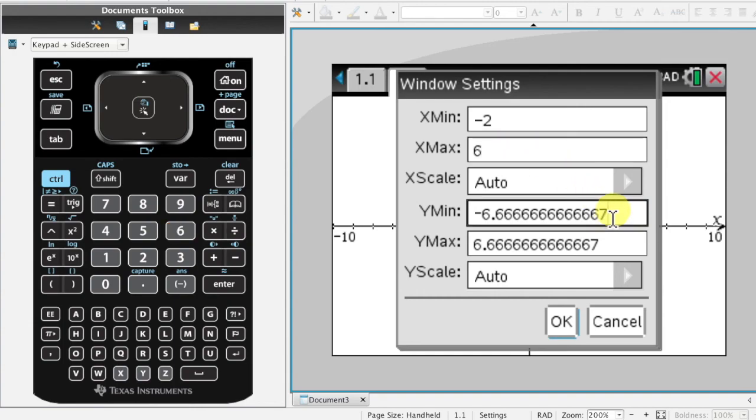I know that my initial temperature was 22 degrees, so I'm safe to begin at 0 degrees, and I might go up to 45 degrees in temperature.